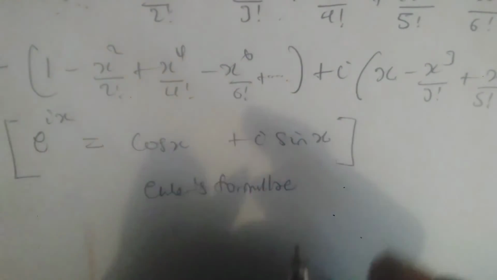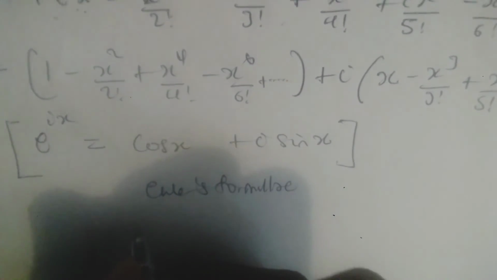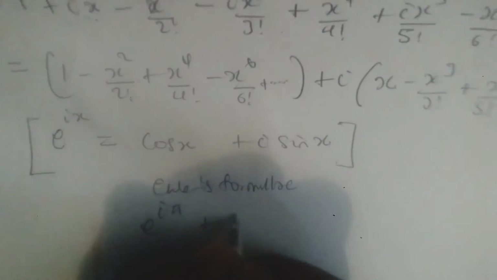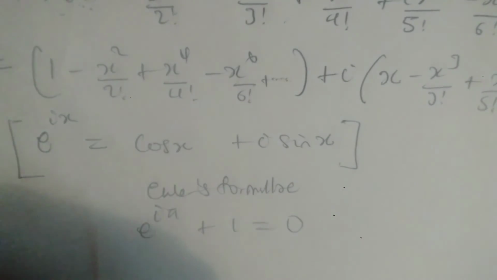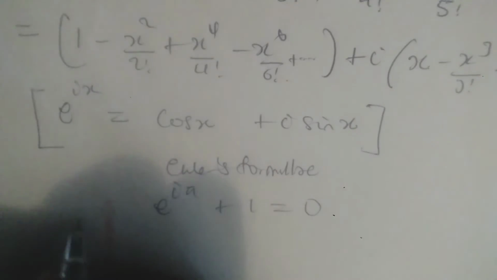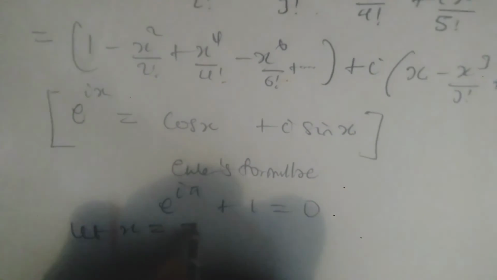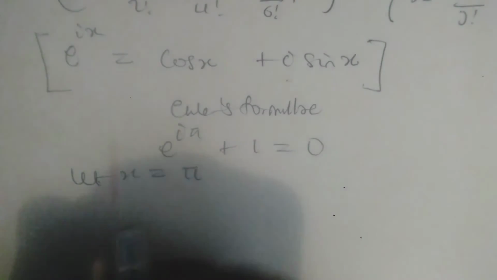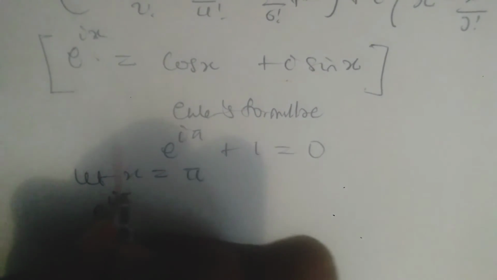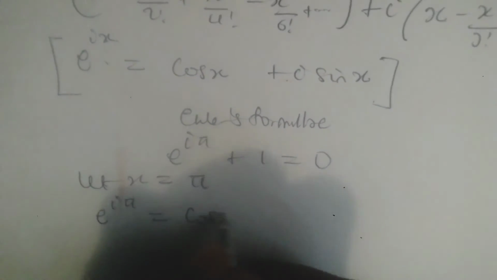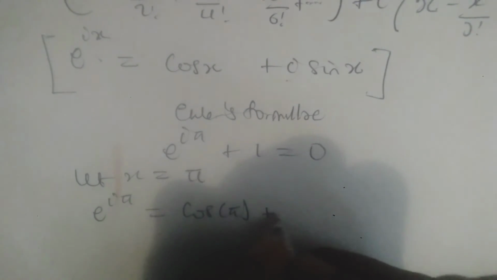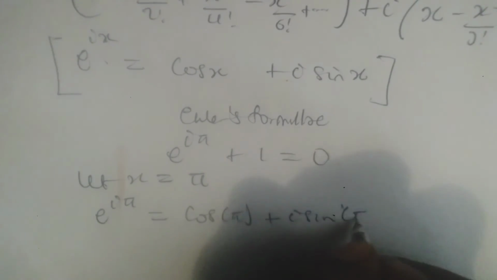Now, we're not done with this, because what we want to show is Euler's identity, e to the power of i pi plus 1 is equal to 0. For us to do this, we simply let x equal pi. When x is equal to pi, it's substituted into this expression, and we have e to the i pi is simply cosine of pi plus i sine of pi.